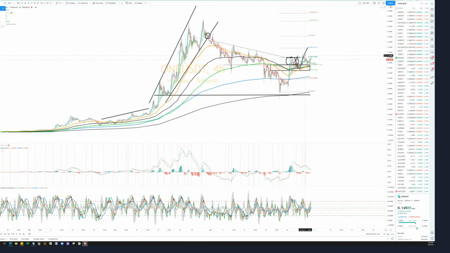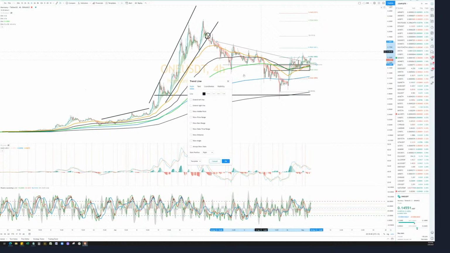The reason being is the MACD, the way it's poised, it's really looking to turn its nose up. My box here was the accumulation area, and what it did is it broke this trend line, which is a significant resistance line, right?